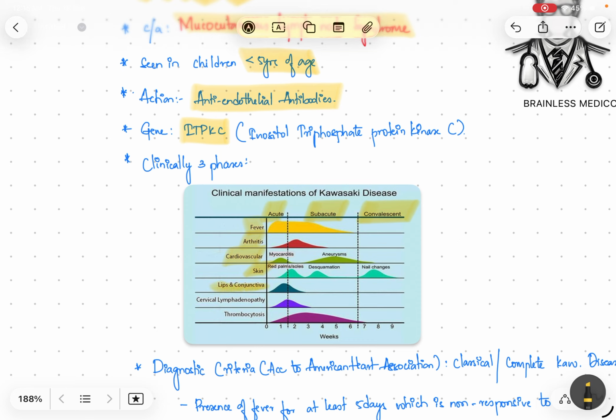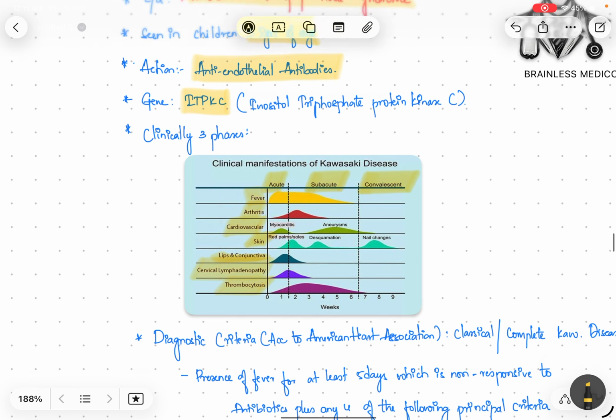In lip and conjunctiva, we have other infection symptoms, then cervical lymphadenopathy, then thrombocytosis.